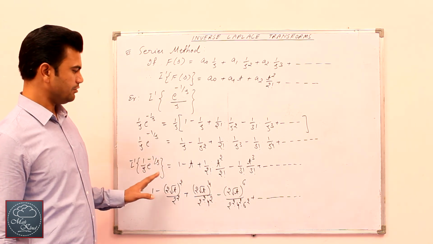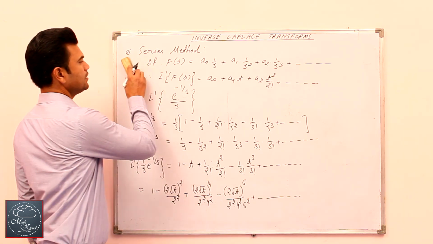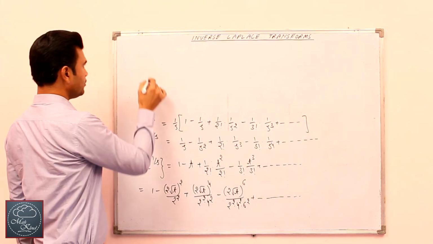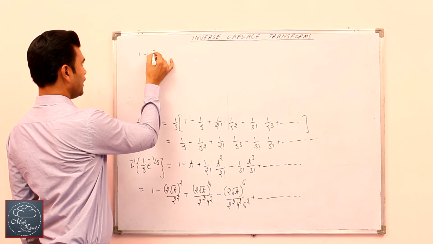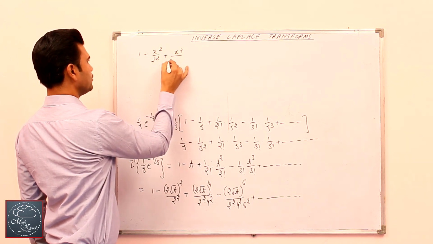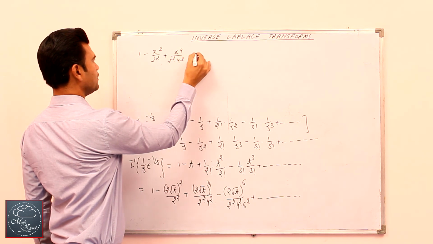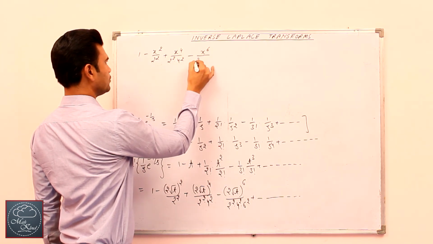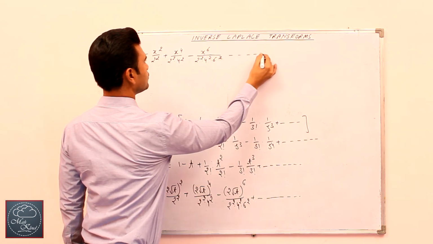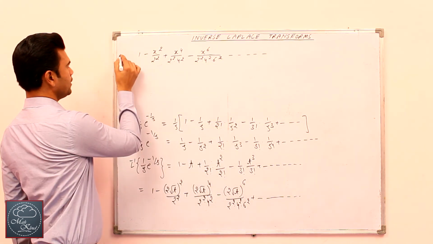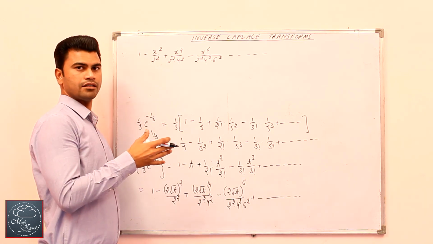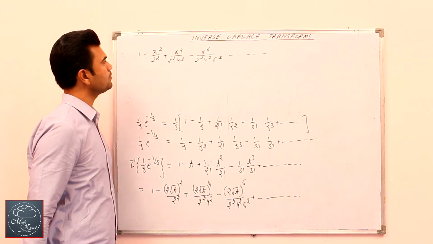Now clearly if you see this series, it is of the form 1 minus x square by 2 square plus x4 by 2 square into 4 square minus x6 by 2 square into 4 square into 6 square and so on. And we have already used this series in the lectures of Laplace transforms.